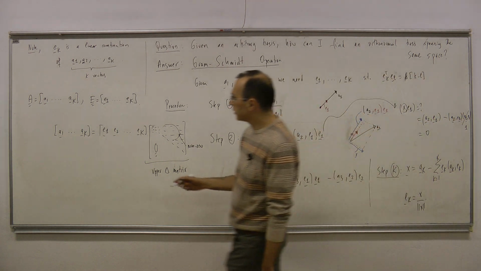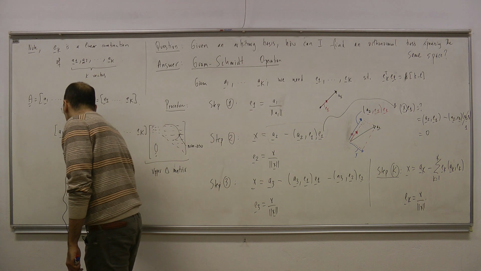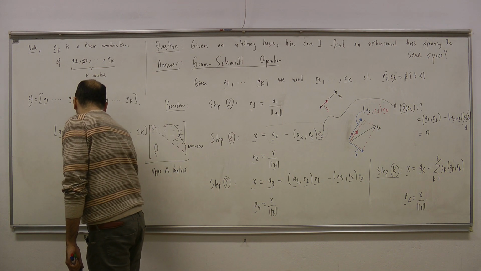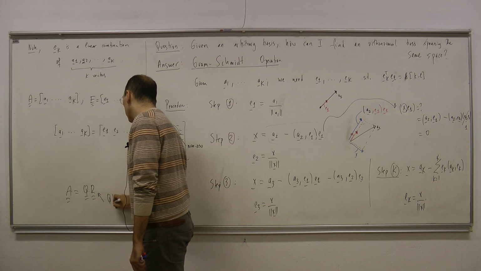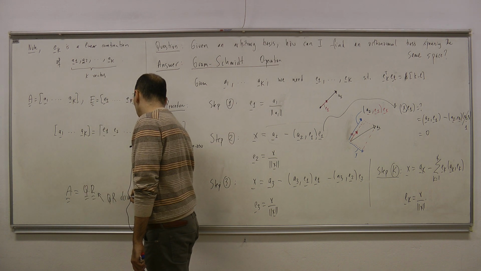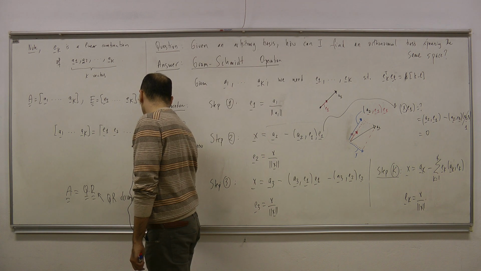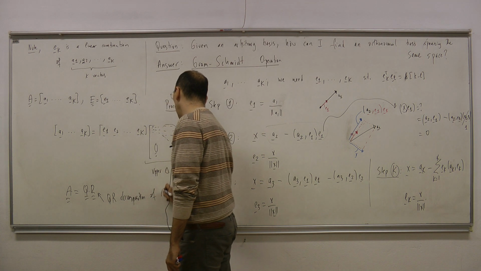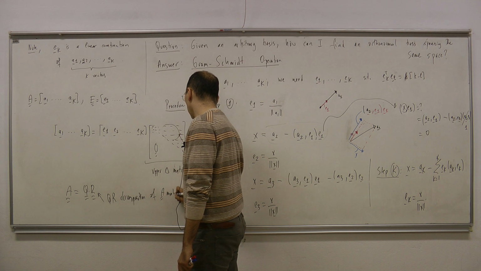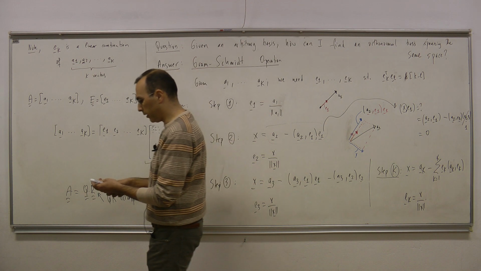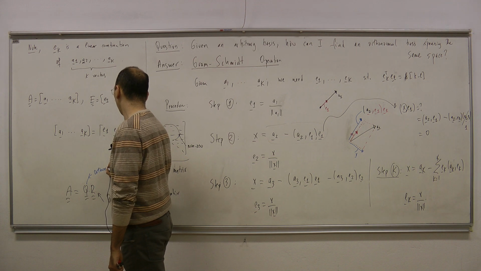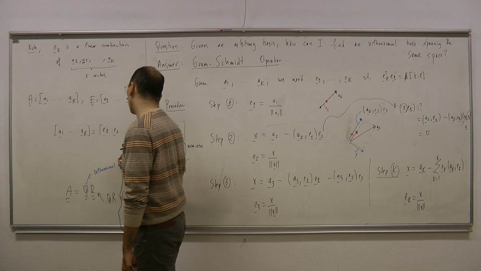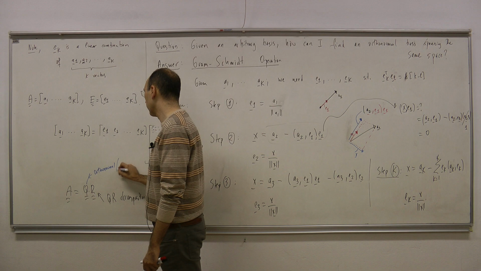So what is interesting is that this is the famous A equals Q times R. This is called QR decomposition of A matrix. Over here, Q is orthonormal or orthogonal, doesn't matter, scaling.